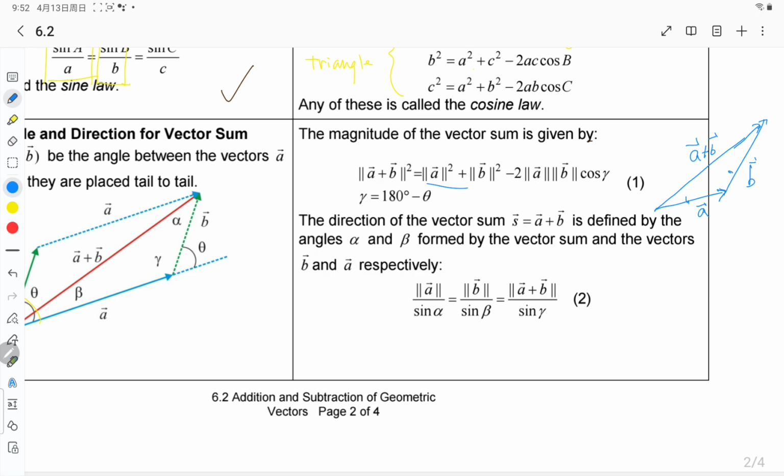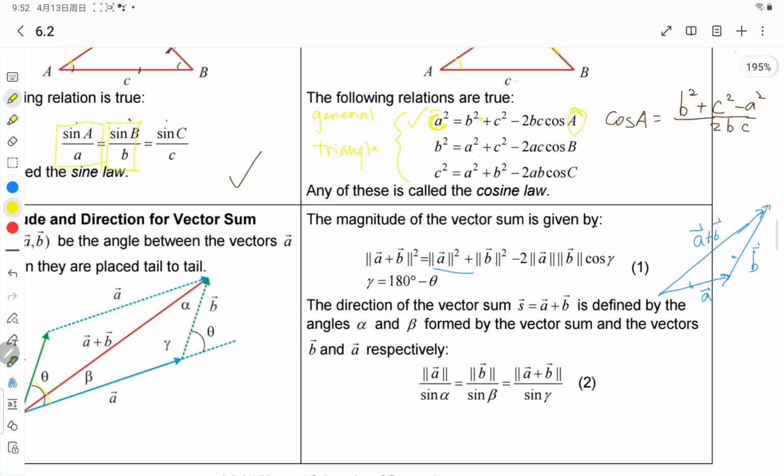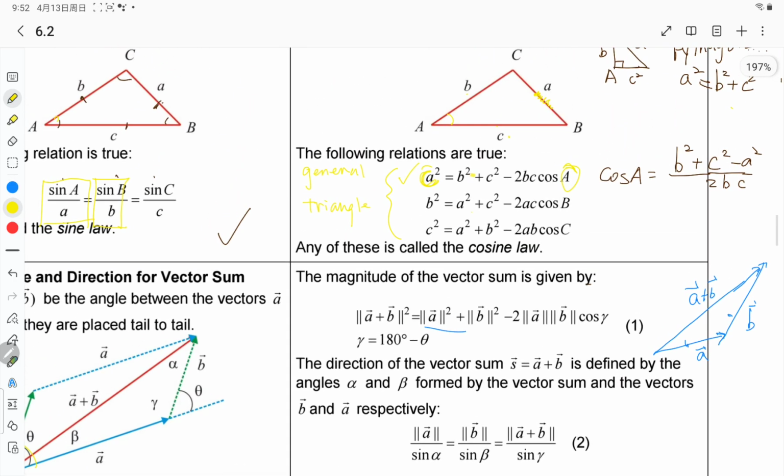As long as you understand how this formula works, you just apply it with a little change. This gamma would again be the angle across from the side A plus B, right?